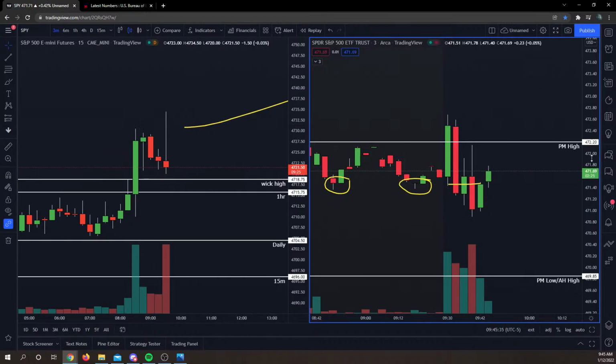Now, because of the delay between SPY and the futures, we very well could retest our pre-market high, not necessarily high of day, because we gave it back really quickly. But I like to combine price action and volume to be able to see my bigger moves.